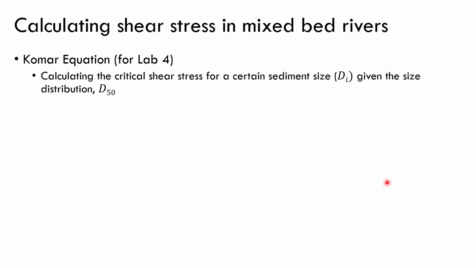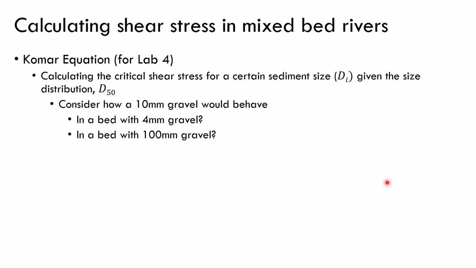What you need to think about with a mixed bed river is how different sizes of sediment are going to be impacted based on the distribution they're in. Just two examples real quick. If you have a 10 millimeter piece of gravel, a 1 centimeter piece, how would that behave in a bed with much smaller gravel, say 4 millimeter gravel?